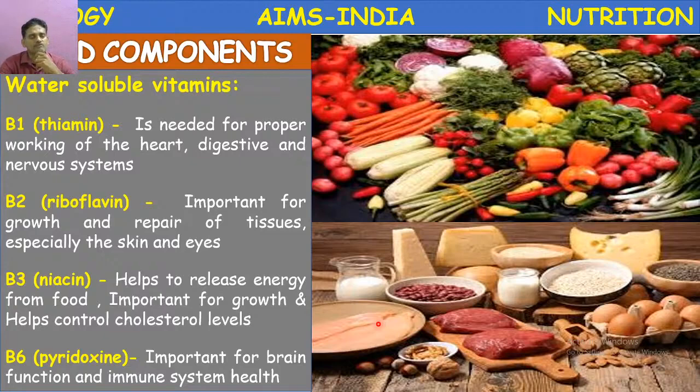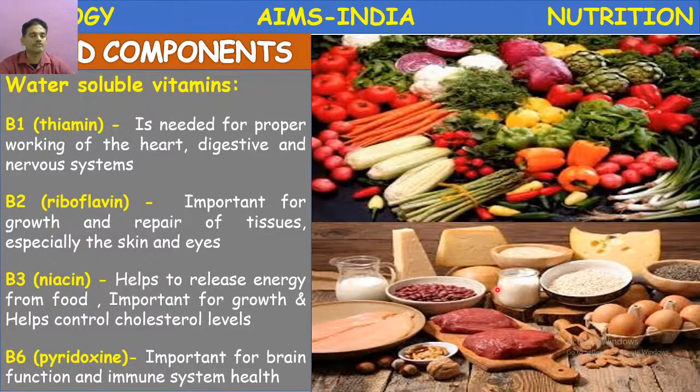If you look at the sources of vitamin B complex, almost all are present in whole grains, the seed coat of different grains or cereals. They are rich in vitamin B complex, and they are present in fresh leafy vegetables.